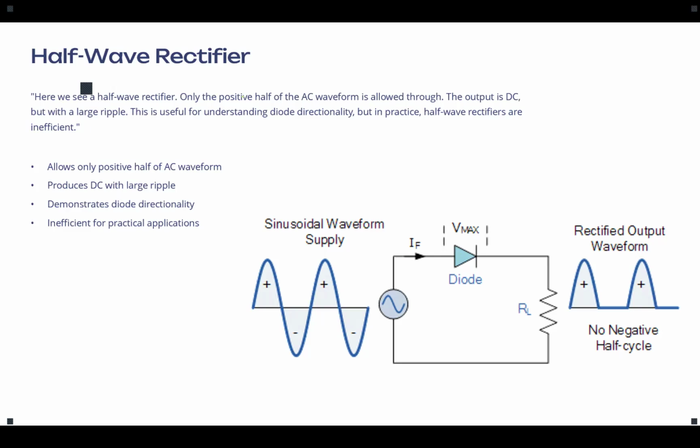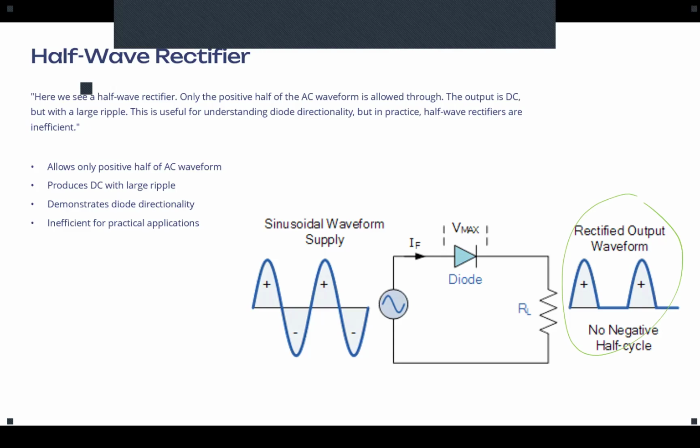When the anode is connected to the source and you have a positive half cycle, remember, this shape is the ideal one.